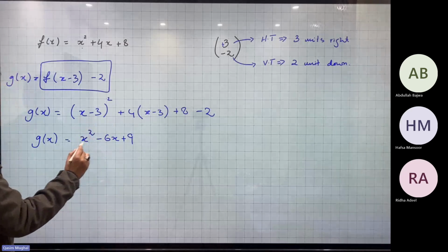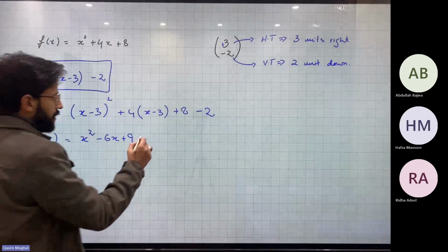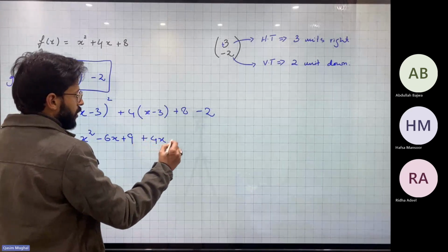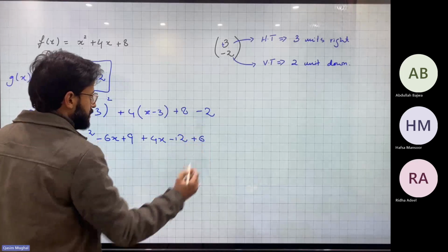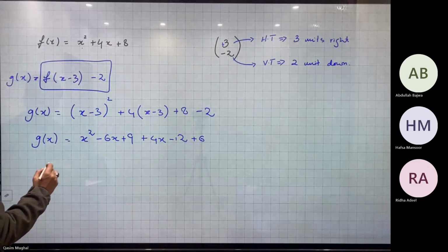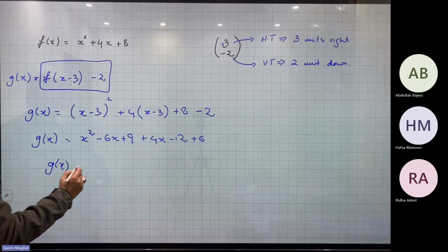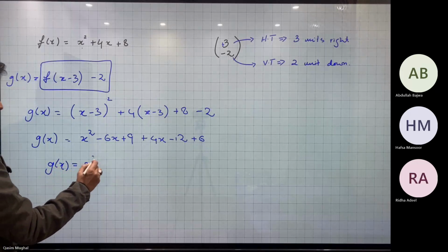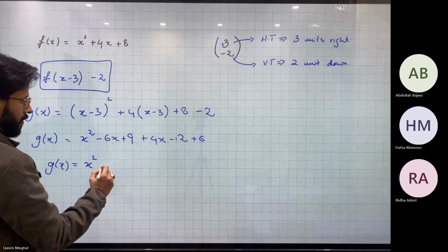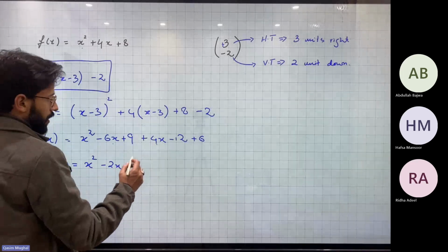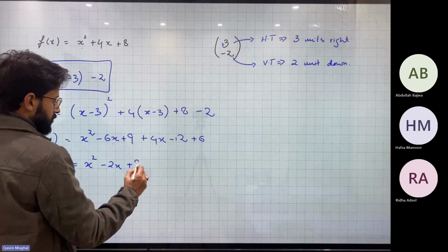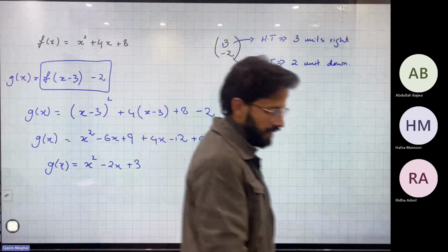I've expanded this using the basic algebraic identity. 4x minus 12 plus 6. And if we simplify this further, x squared minus 2x and plus 3. यही आता है बेटे?